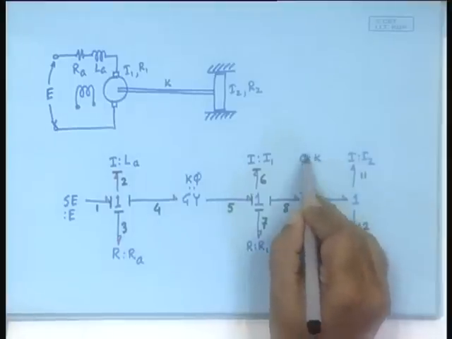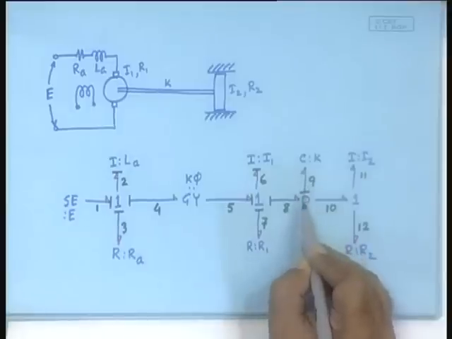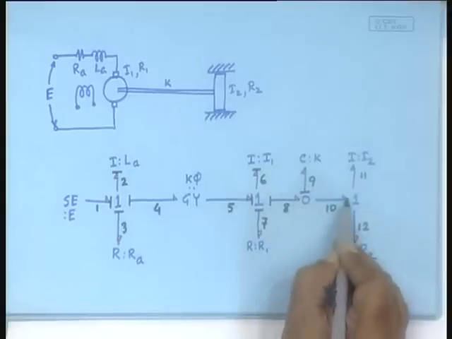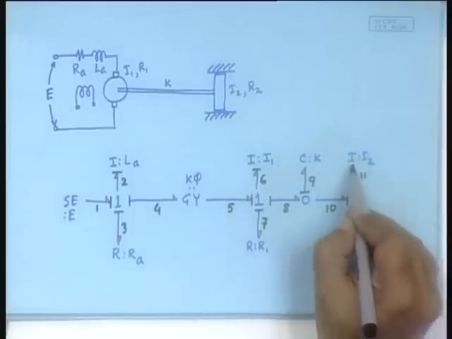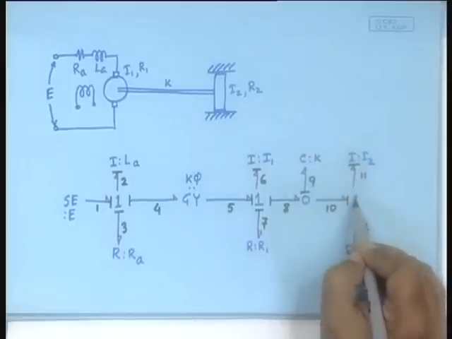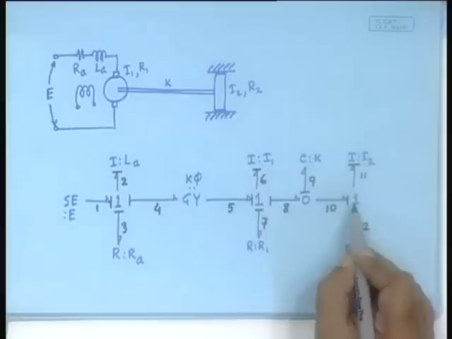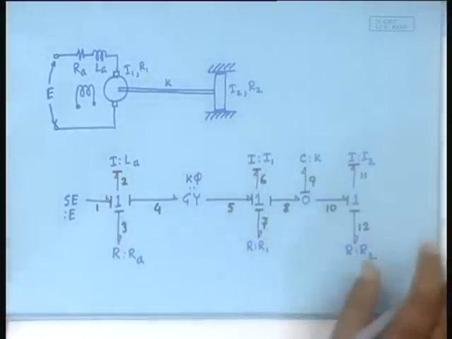This is the integral causality for the C element, and the moment it receives the effort information, it must give out the effort information in the other two bonds like this. For the one junction, if you put the integral causality like this, it has received the flow information and therefore it must take out the flow information. It is already taking out the flow information here and it must take out the flow information like this. So, this is how you causal it. It has been power directed, numbered, causal, done.